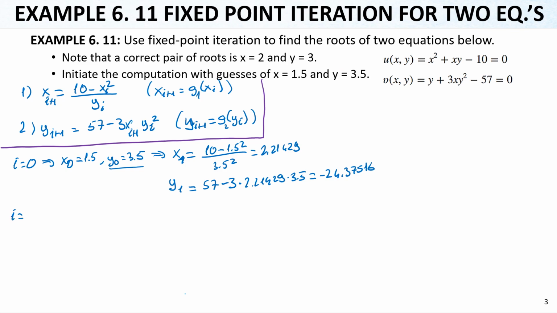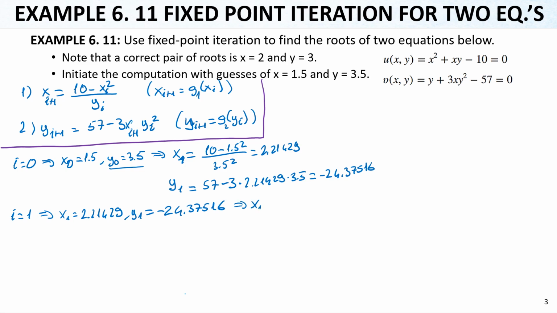Let's make i equals 1, and we know that x1 is 2.21429, and y1 is now minus 24.3756.